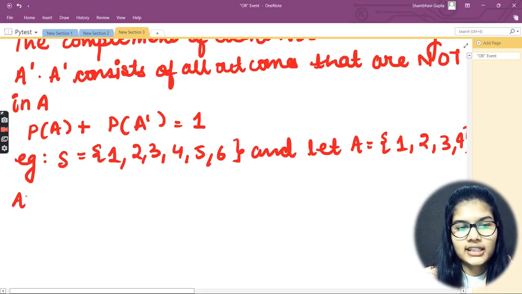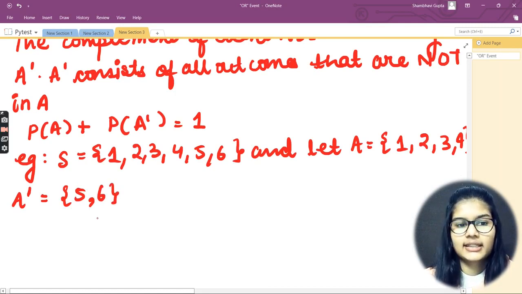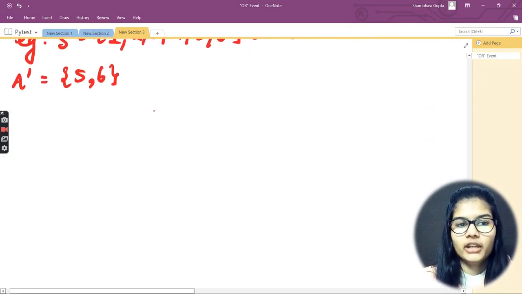Then in that case, A prime will be equal to 5, 6, because 5, 6 are the numbers not occurring in A. So this 5, 6 will be my A prime, my complement of A.